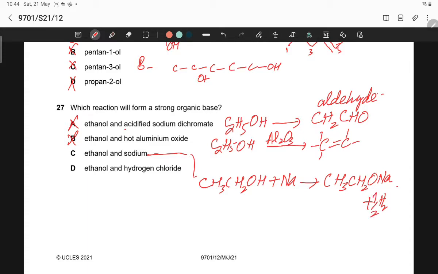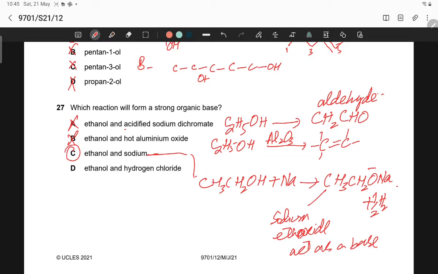This is known as sodium ethoxide, and sodium ethoxide acts as a base. So this option must be correct.